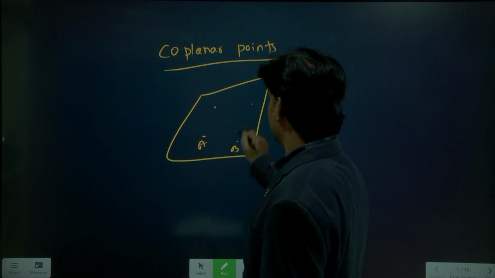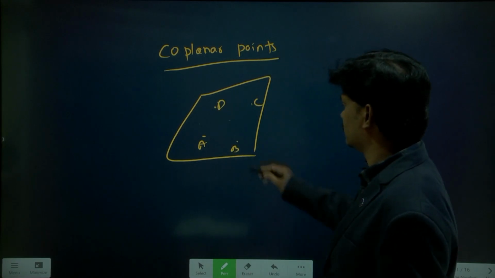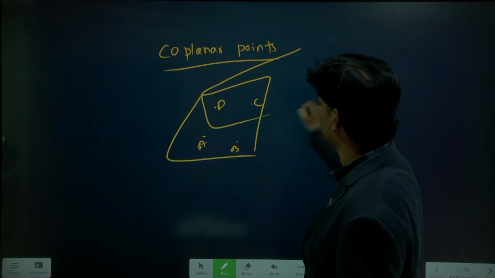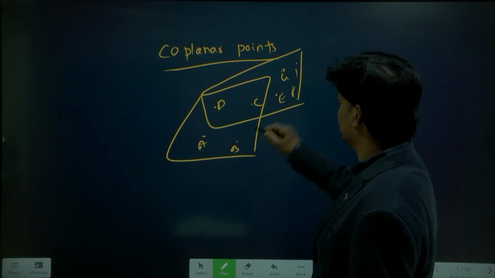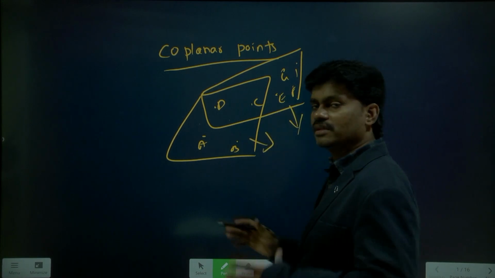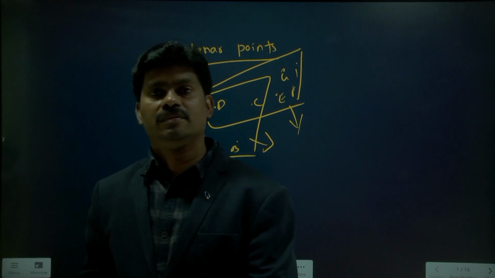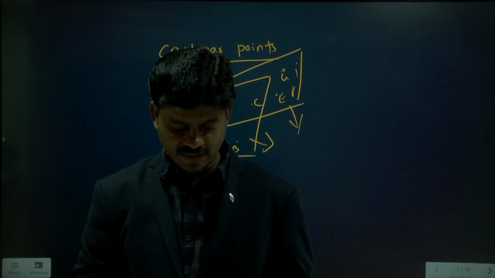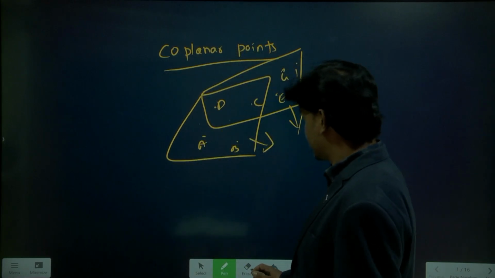Let's take A, B, C, D like that. So non-coplanar: here is a plane, here is another plane, here E, F, G, H. These and these belong to different planes. They are called non-coplanar points.